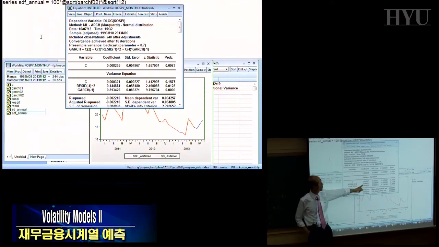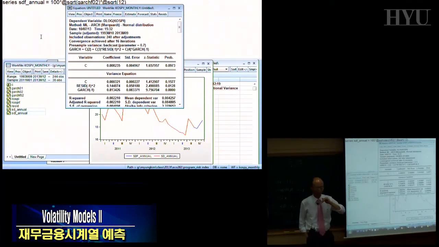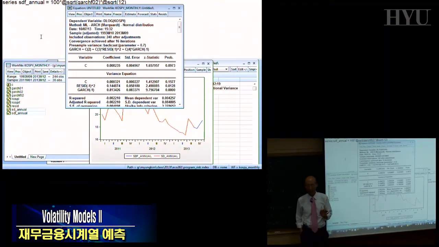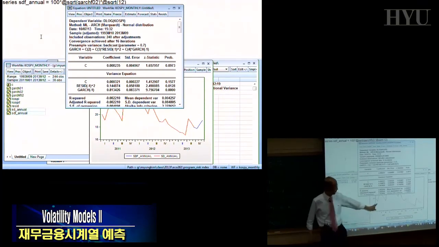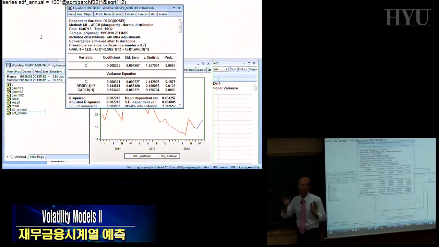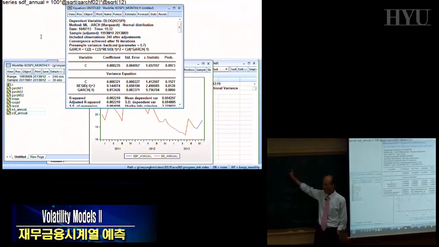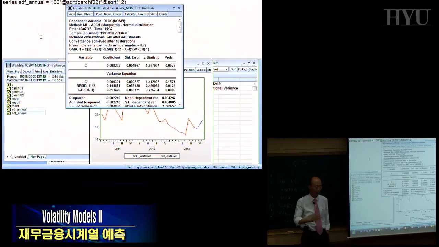Because EViews doesn't have any constraint on those parameters, sometimes this number may turn out to be negative. That could happen. And it may also not look like this one. If that fails, then you cannot calculate this. You cannot forecast it. So that's the downside of an econometric model.